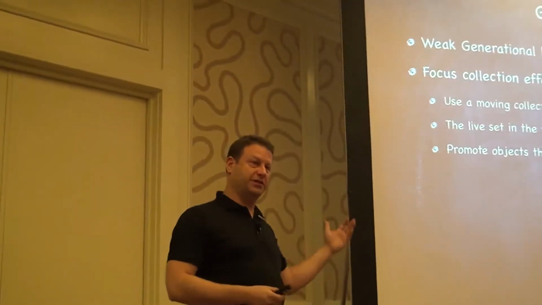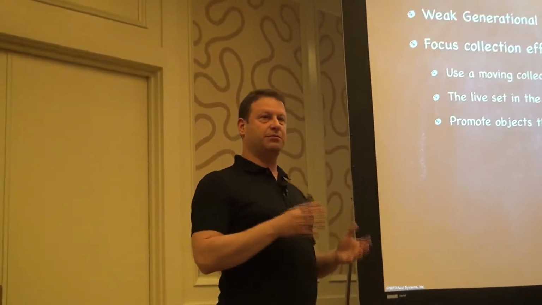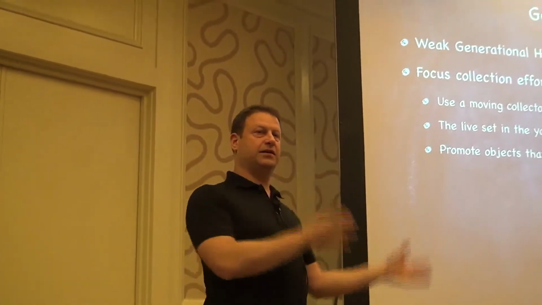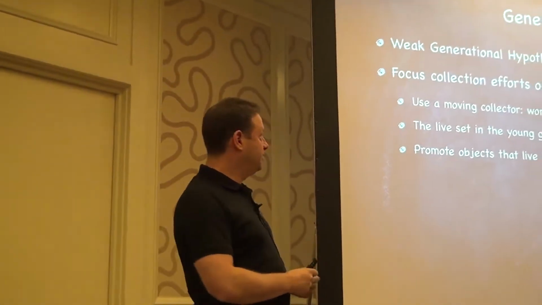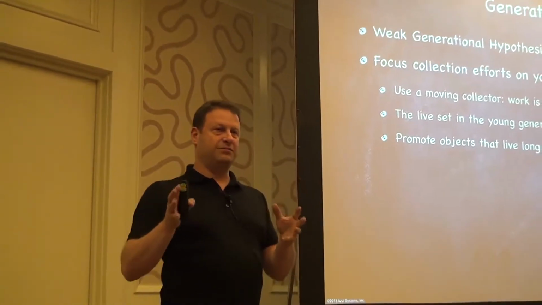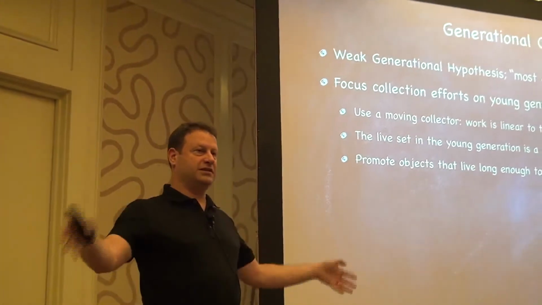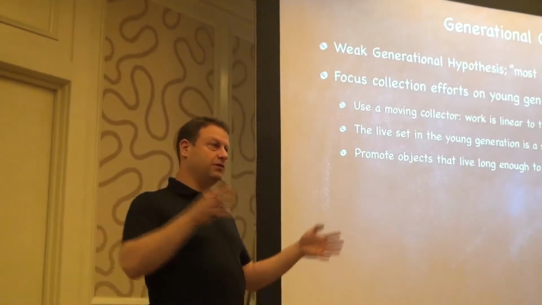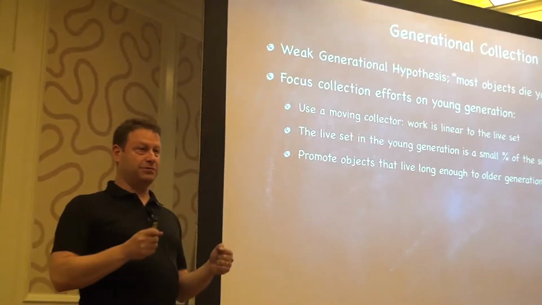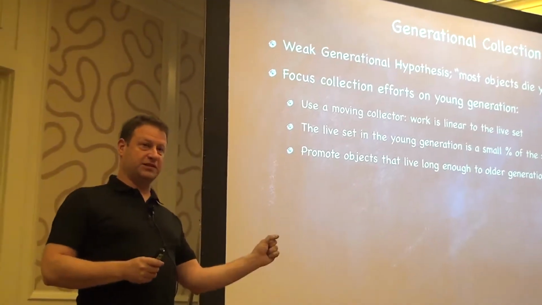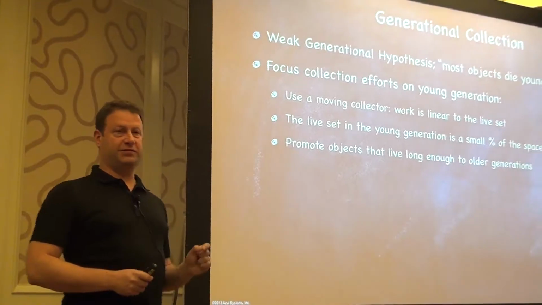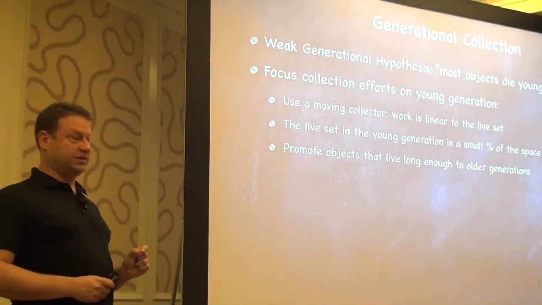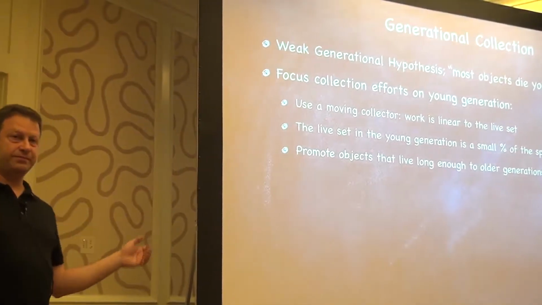It's not the observation, it's the use of the empiric observation in combination with complexity tied to the observation. So if we use an algorithm that doesn't grow with the size of the heap space I'm collecting, but only with what's alive in it, and I know or hope that only 1% is alive, I will get a 100x efficiency boost compared to something that we need to scan everything.